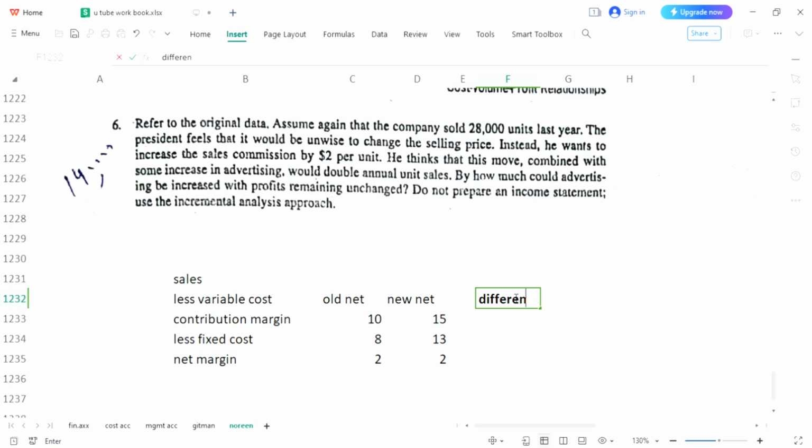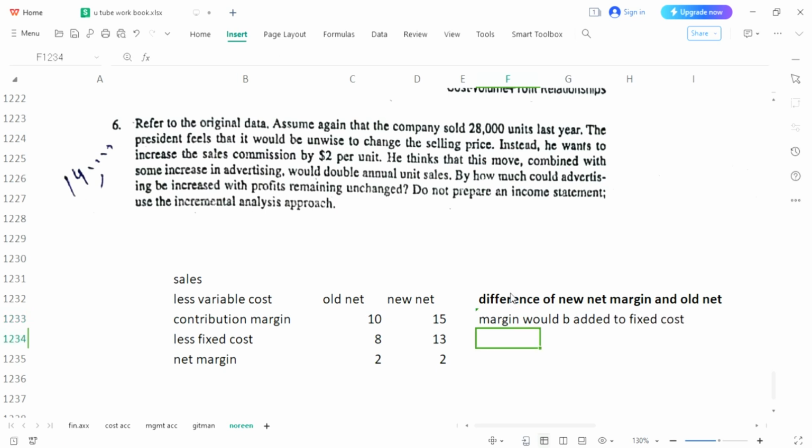Difference of new net margin and old net margin would be added to fixed cost to get same net margin.